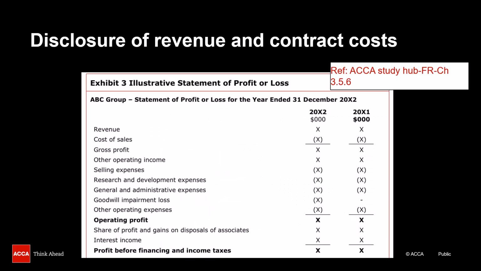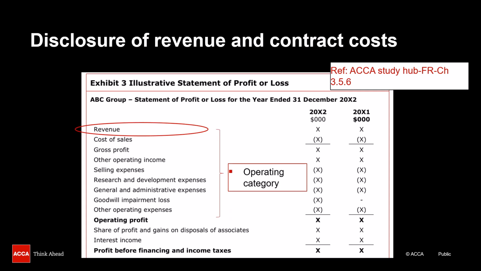Revenue must be disclosed as a separate line item in the statement of profit and loss. Since revenue is associated with normal trading, it should be presented in the operating category. Additionally, contract costs that should be recognized in profit and loss should also be presented in the operating category and should be disclosed either by nature or function.